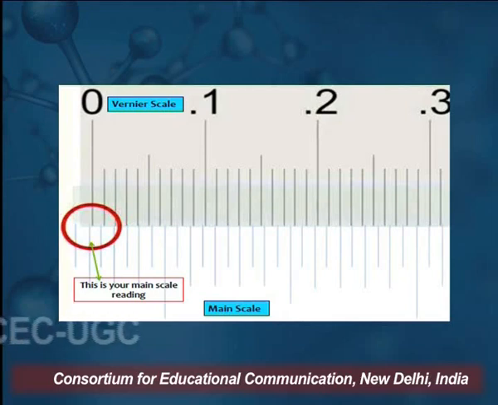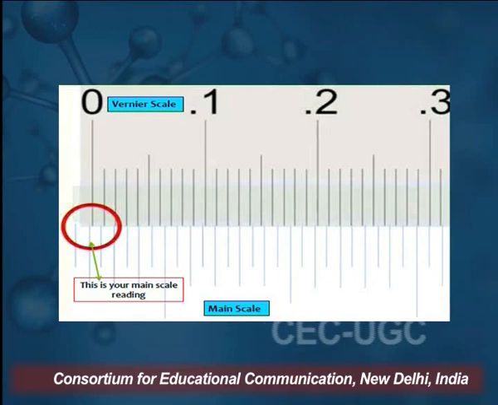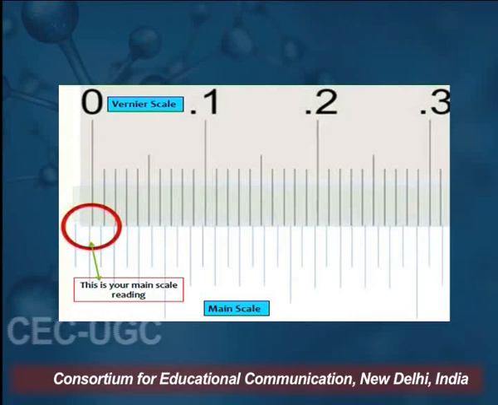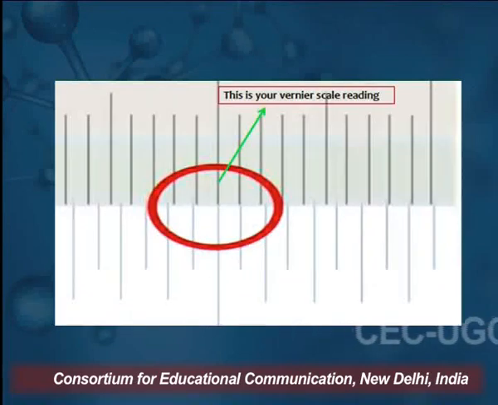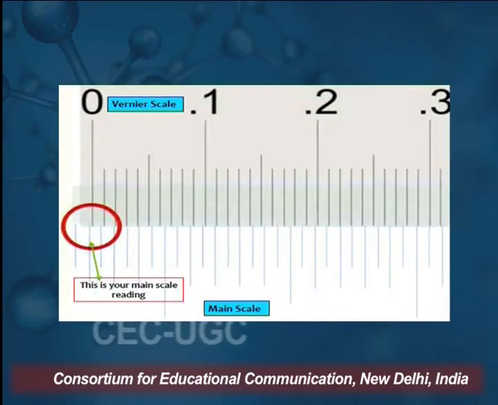Now see that this is the main scale reading. We check at which point the vernier scale coincides with the main scale. Main scale reading we will calculate from the first point of the vernier scale.